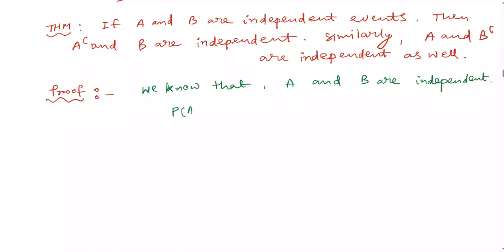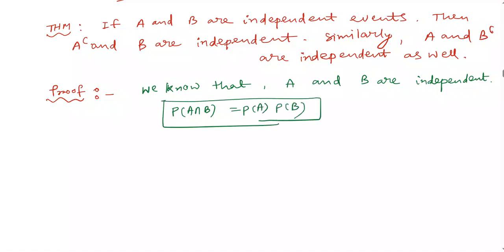So probability of A intersection B equals probability of A times probability of B. It is given. Let me box this, I will use this.